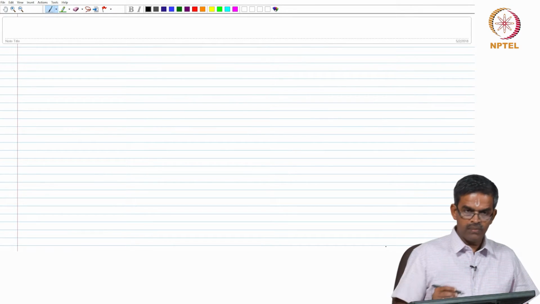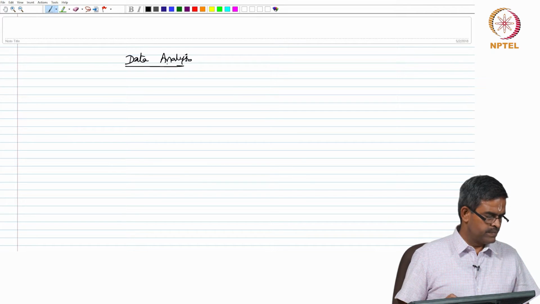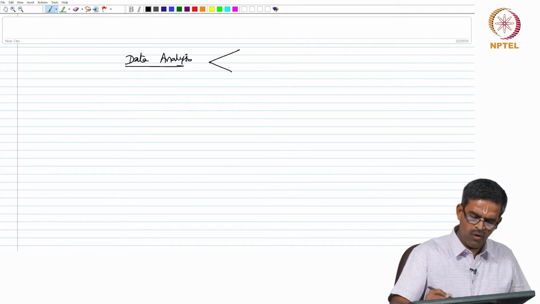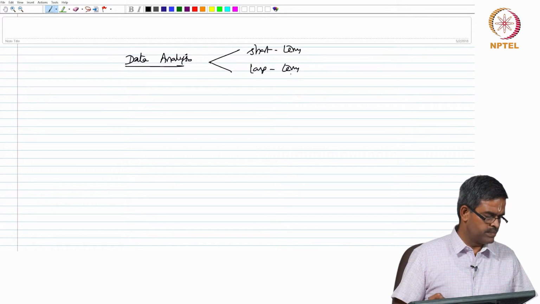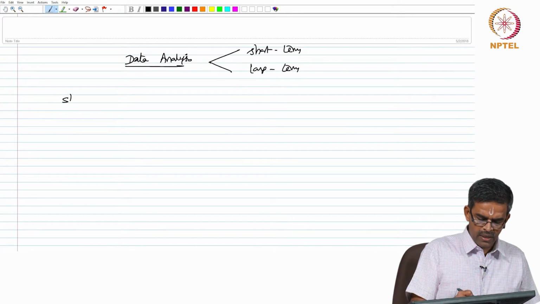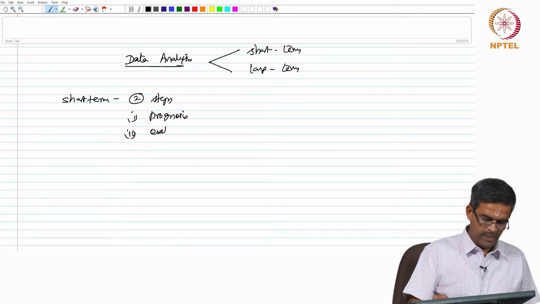The next issue comes, how do you do the data analysis? The data analysis can be done in two forms. One is short term, other is long term. Short term data analysis has two steps. One is the prognosis and second one is the evaluation.